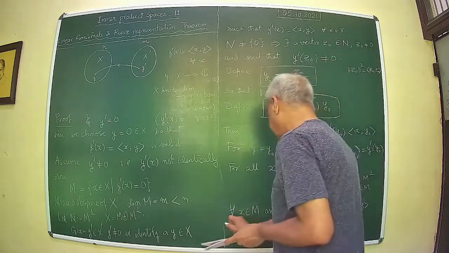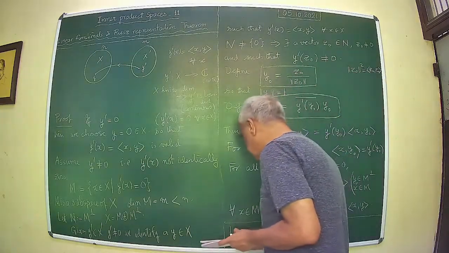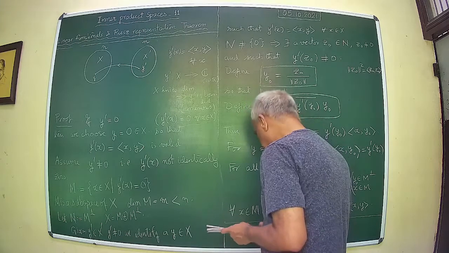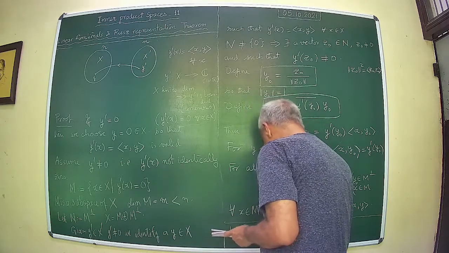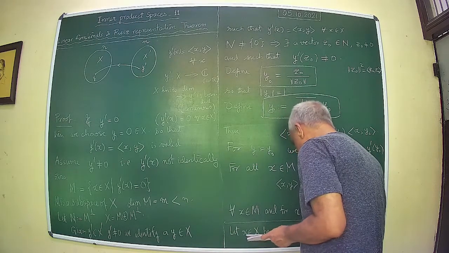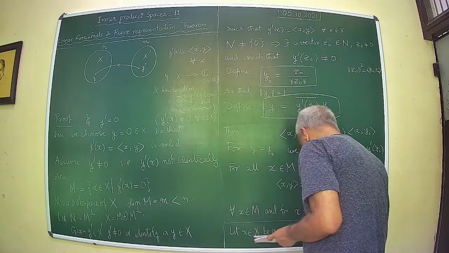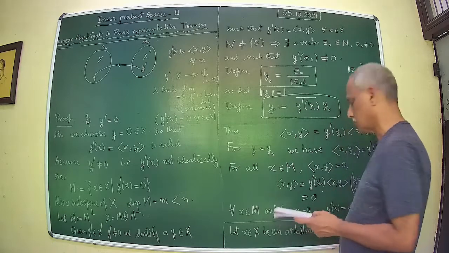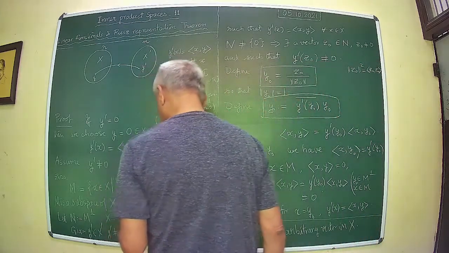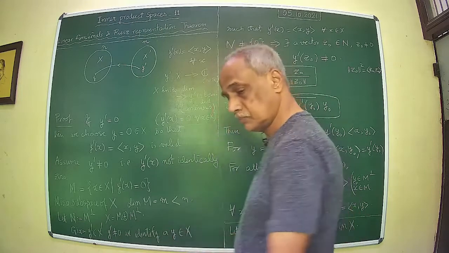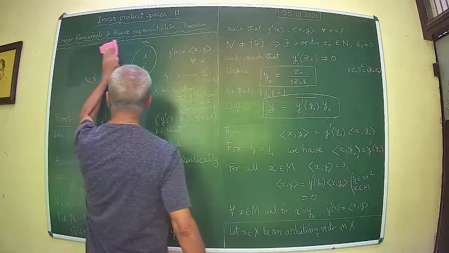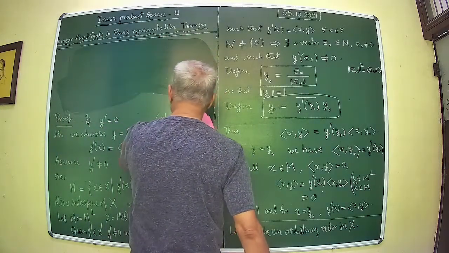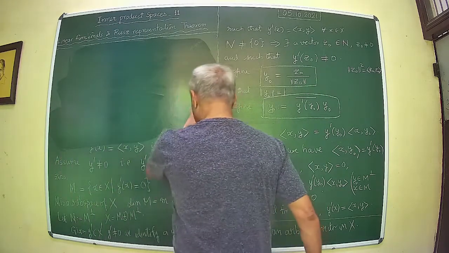So now what we do is we start with an arbitrary vector. So let x belong to X. Define, so what we do is we define x naught in the following way.